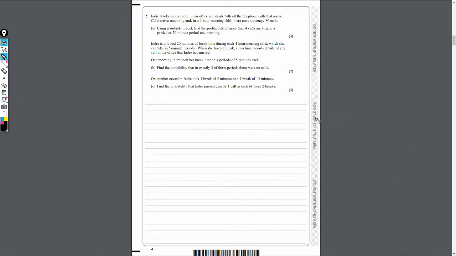Now for part C, it says on another occasion, she takes 1 break of 5 minutes and 1 break of 15 minutes. So find the probability that she missed exactly 1 call in each of these 2 breaks. So we're going to model this with 2 different situations here now. I'm going to have the situation where X is distributed with a Poisson distribution, and it's going to be the lambda for 5 minutes. So 5 minutes, like we already said, that's lambda.